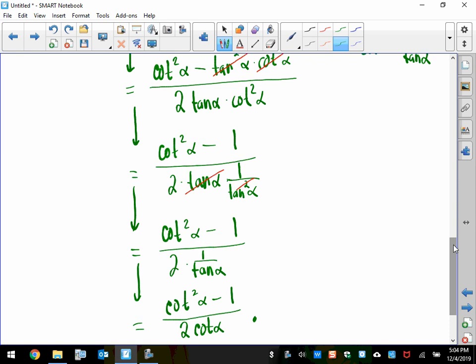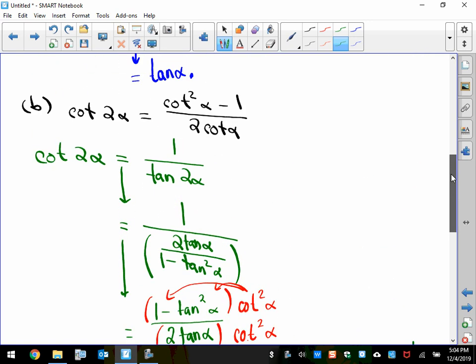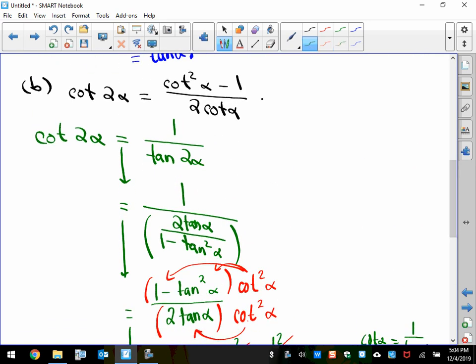If you want to pause the video and try going another way, maybe try starting with the ugly side, so cotangent squared alpha minus 1 over 2 cotangent alpha, and then start by dividing both sides by 2 cotangent alpha.